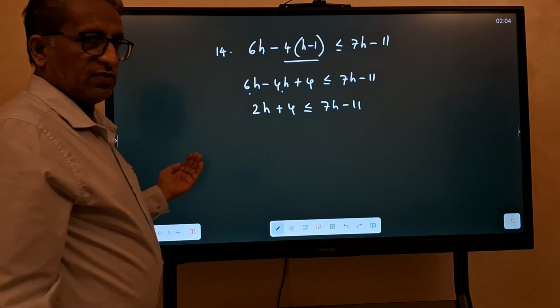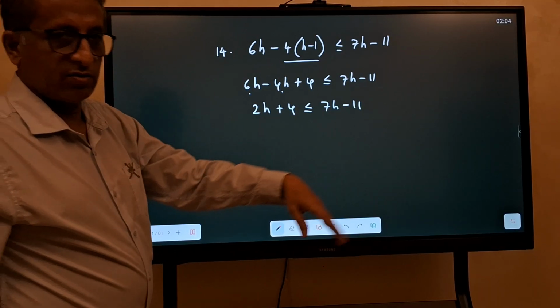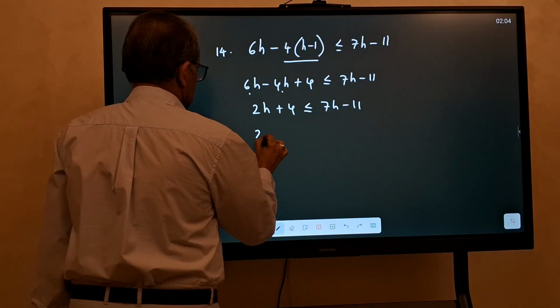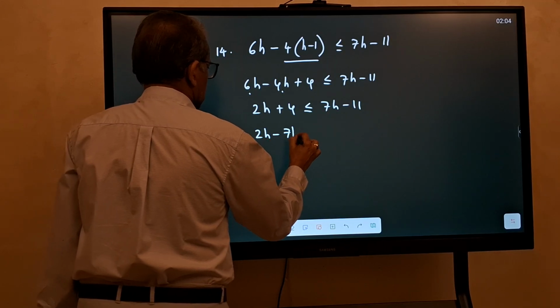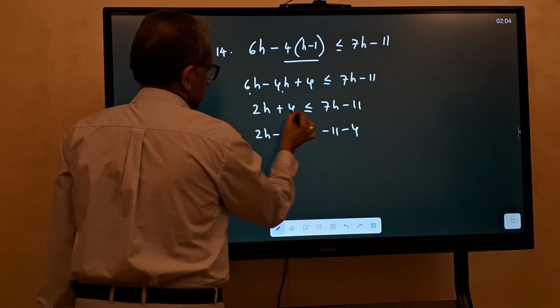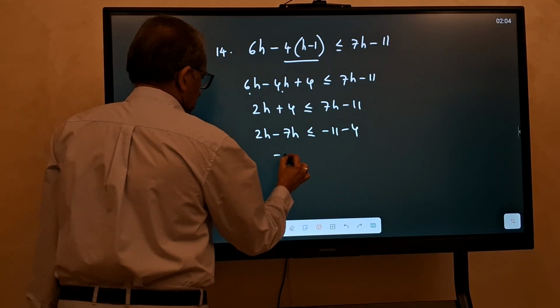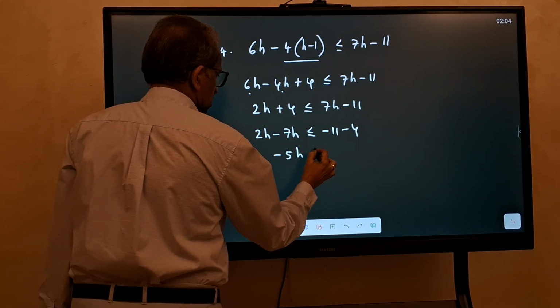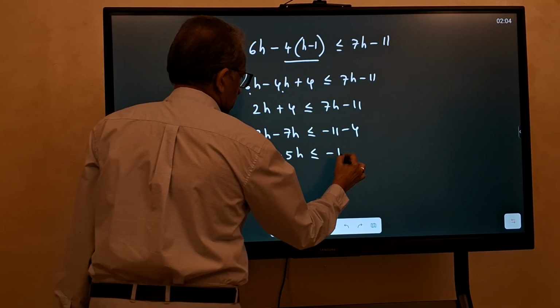Bring all h on one side and numbers on the other side. So 2h minus 7h less than or equal to minus 11 minus 4, minus 5h less than or equal to minus 15.